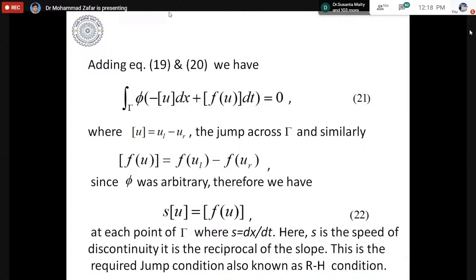Similarly the jump in f(u) is f(u_L) minus f(u_R). Here f(u) is the flux function, which we will see in the next slide.